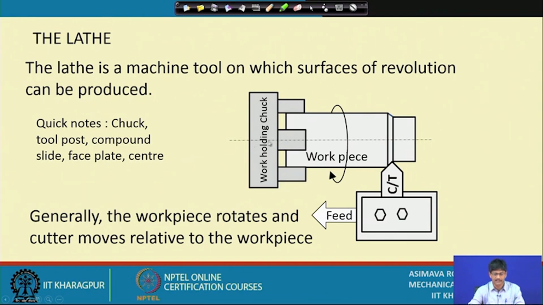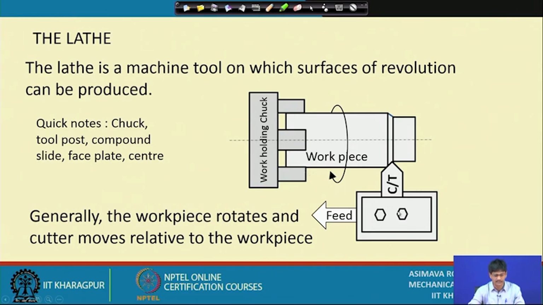We can have 3 jaw chucks, which are self centering chucks, and the 4 jaw independent chuck. These are the jaws. They may move separately, independently of each other, or they may move concentrically on the circumference of a circle. So, different work holding devices are there.